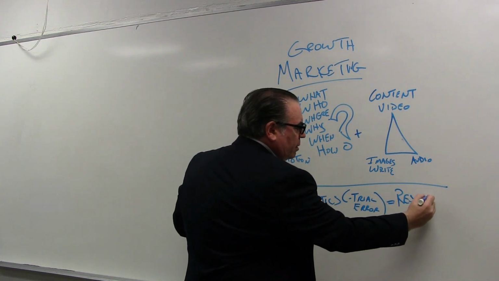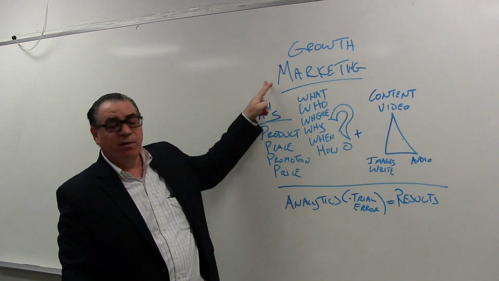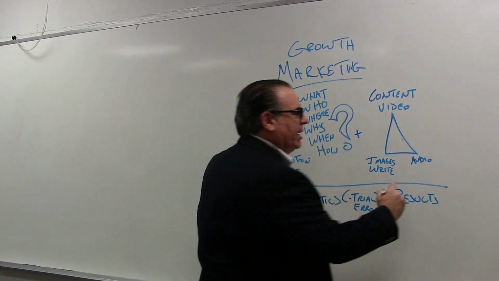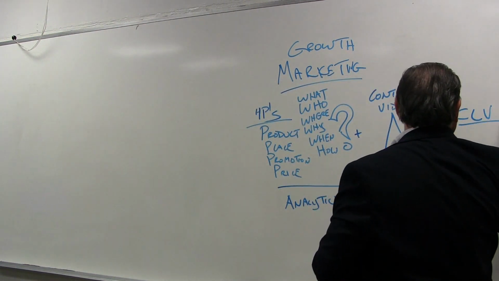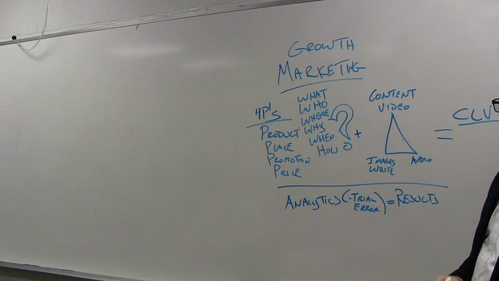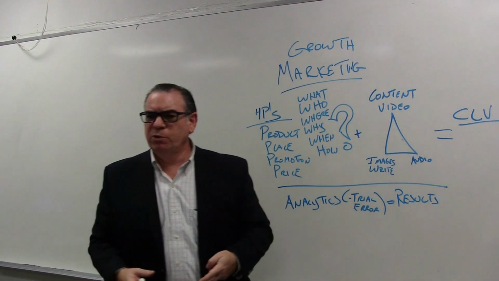Make sense? And we do all of this for one thing in growth marketing, one thing, and that's to create what we call CLV, right? So CLV. What is CLV? Who remembers that?